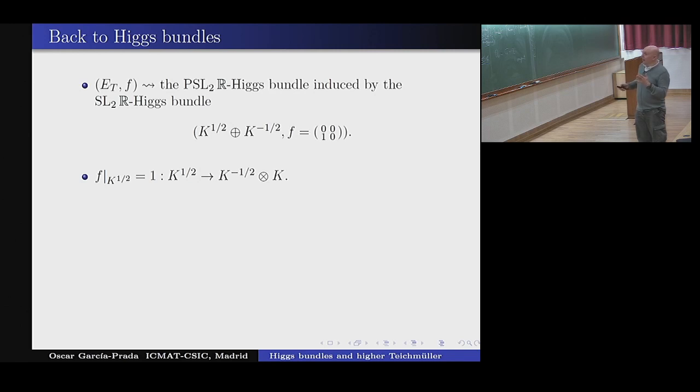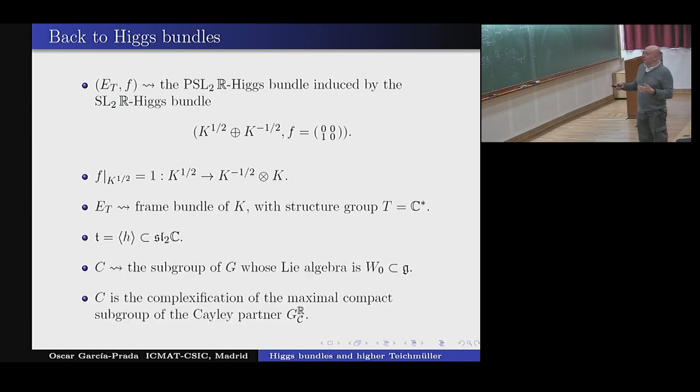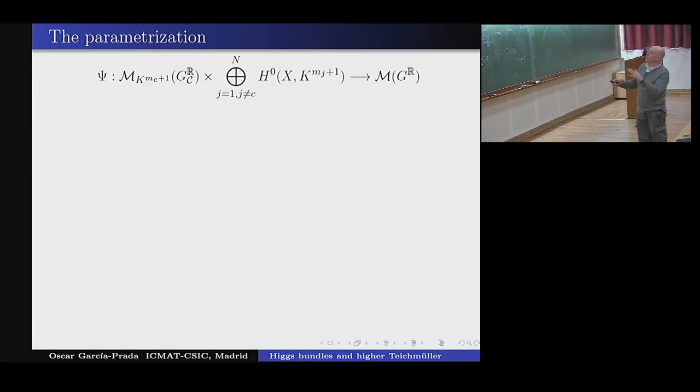Then take ET to be the frame bundle corresponding to K. So it's a C star bundle. Let me just show this map here.